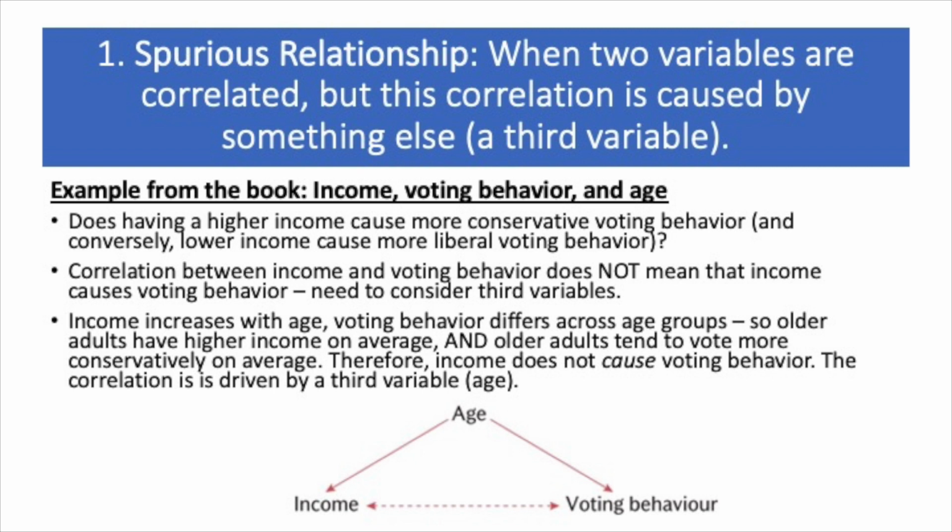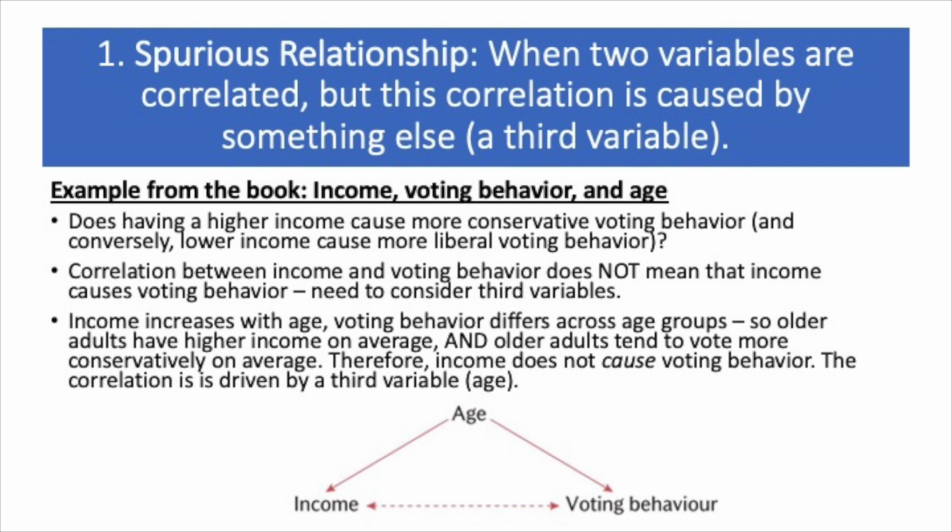I think it helps for each of these types of multivariate relationships to have some examples that you can draw on to better understand what we mean by, say, a spurious relationship. So the example from the book is looking at the relationship between income and voting behavior, and then also considering age and what role age plays in that relationship.